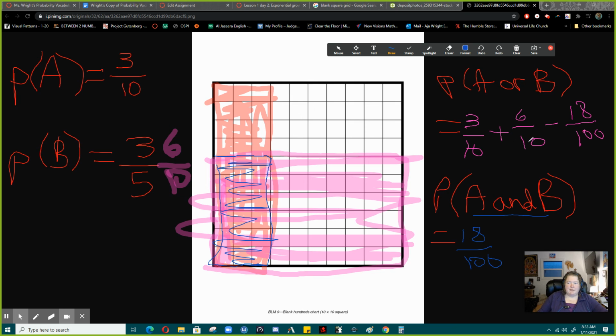So 90 minus 18 is 0.72. So the probability of A or B is actually 0.72, and the probability of A and B is actually 0.18. And we could write these as decimals, so that's 0.3, and that's 0.6.